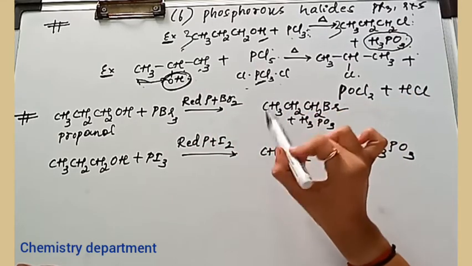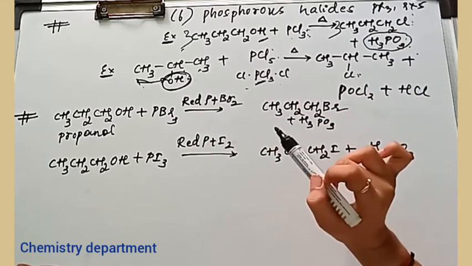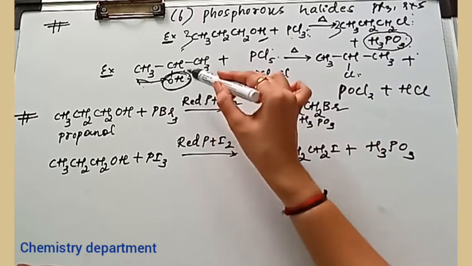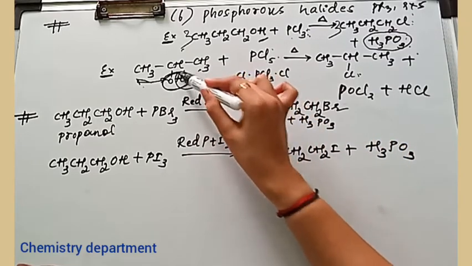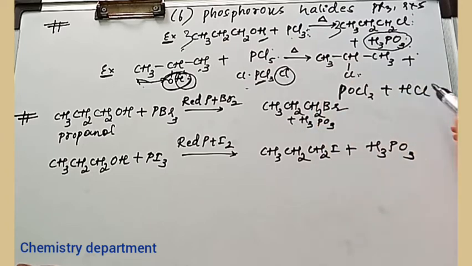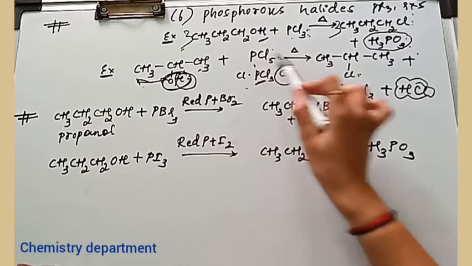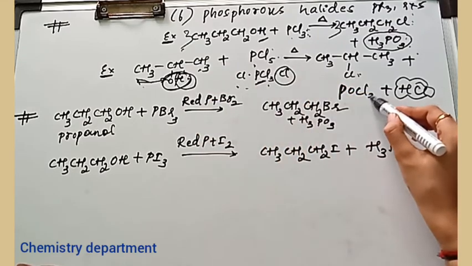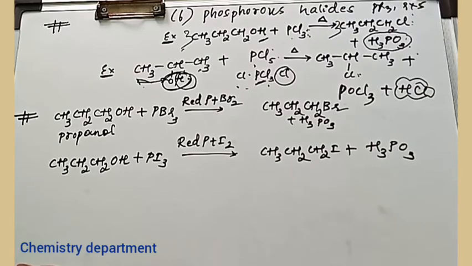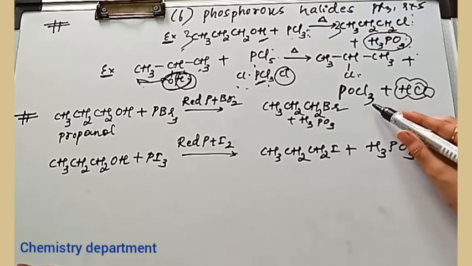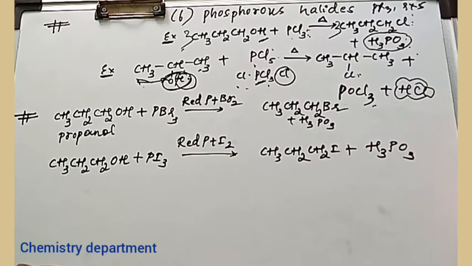Out of this 5 Cl, 1 Cl you have written here, and one of this H and Cl will combine to form HCl. And this O and phosphorus and these remaining Cl will combine to form POCl3. This is called phosphorus oxychloride.